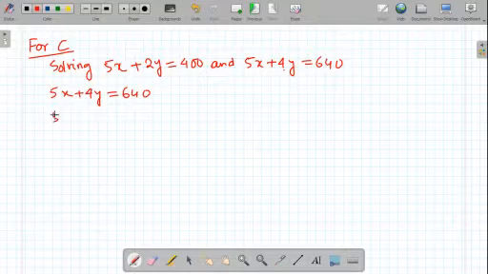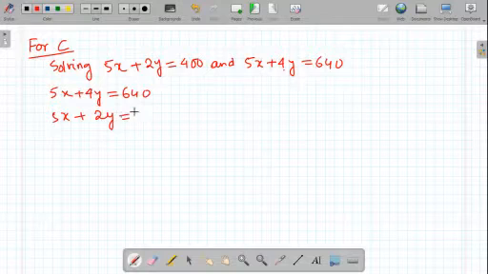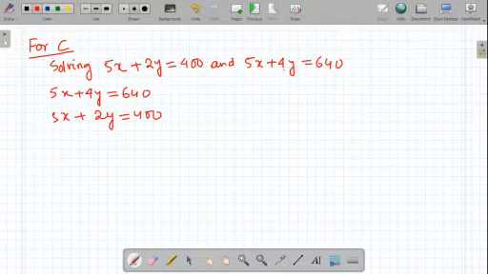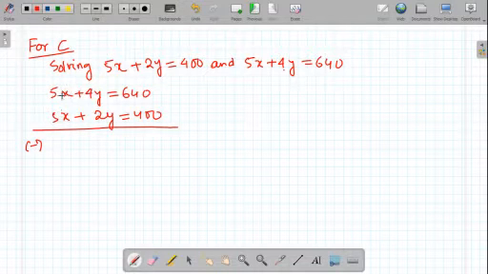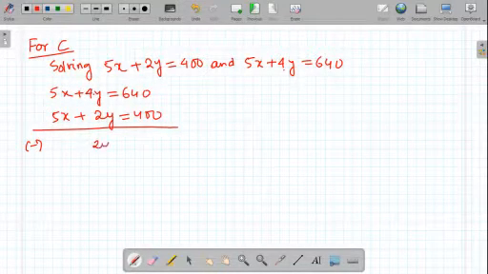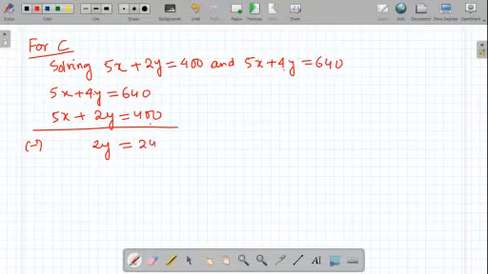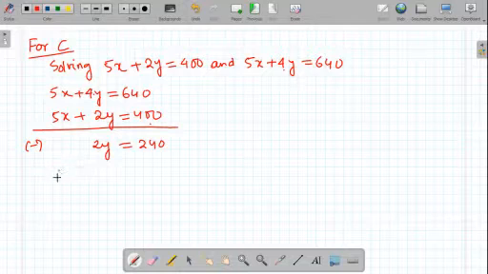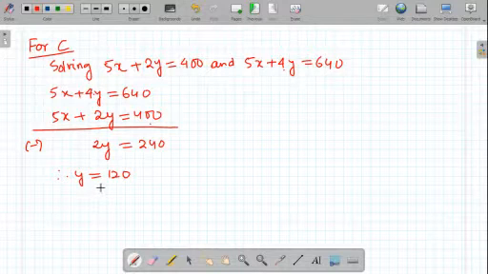Another equation is 5x plus 2y equals to 400. Now subtract it, and 5x and 5x will be cancelled. So 4y minus 2y will be 2y. 640 minus 400 will be 240. So what is the value of y? It's 120. So the value of y is 120.